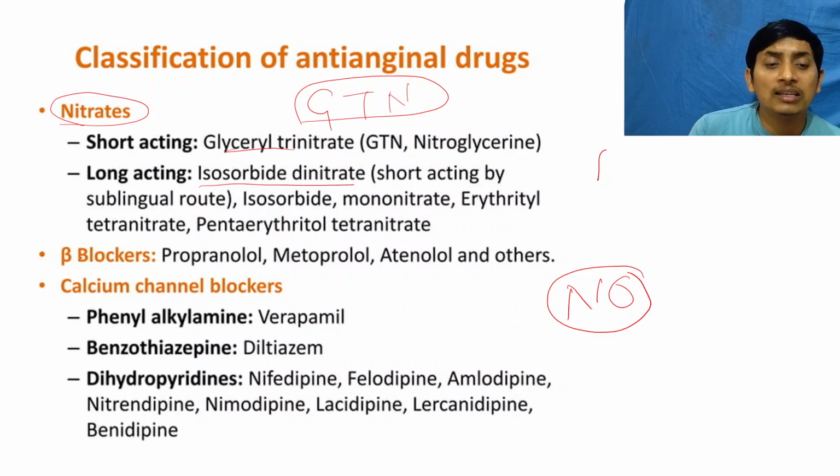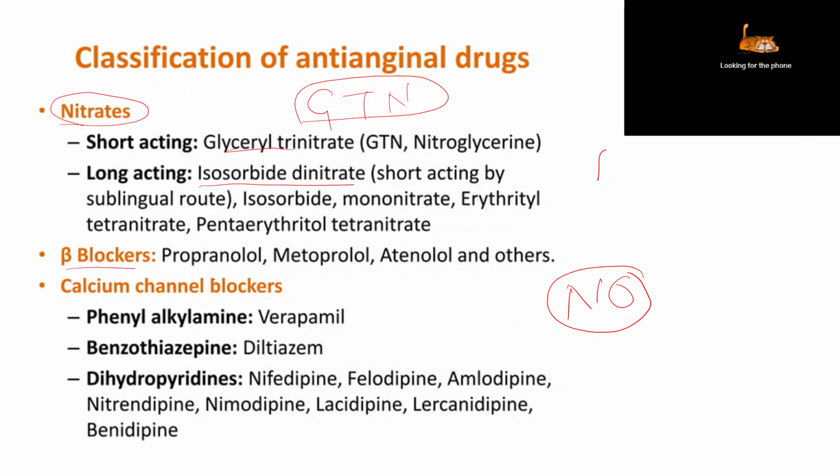The next drug is available in the form of beta blockers, like propranolol. They decrease our heart rate and force of contraction. All these beta blockers mainly act on the heart and block beta 1 receptors. Once beta 1 receptors are blocked, heart rate and force of contraction decrease. Metoprolol and atenolol are there, and other drugs are also used. Calcium channel blockers are mainly amlodipine, nifedipine, nimodipine, diltiazem, verapamil.